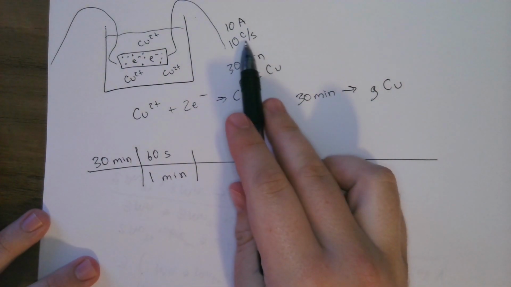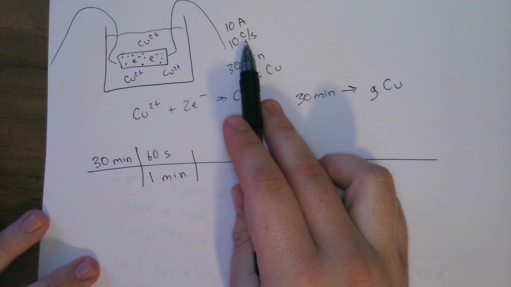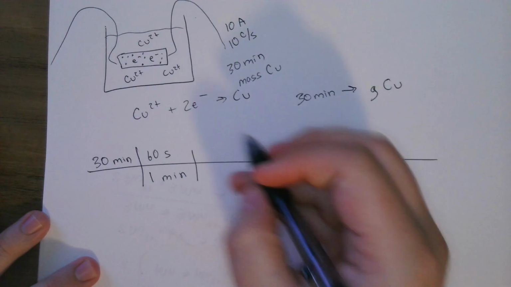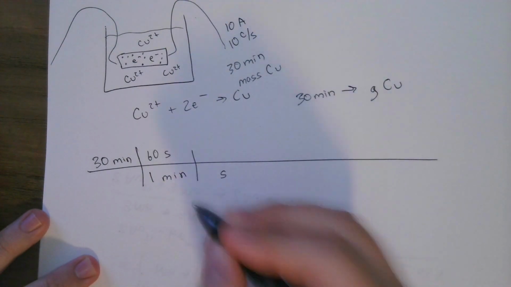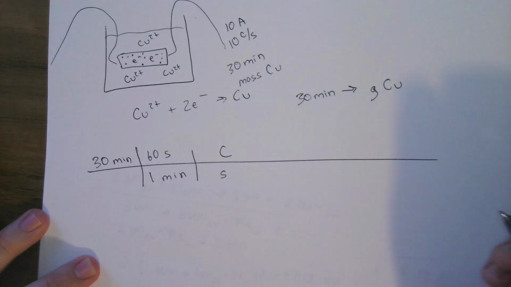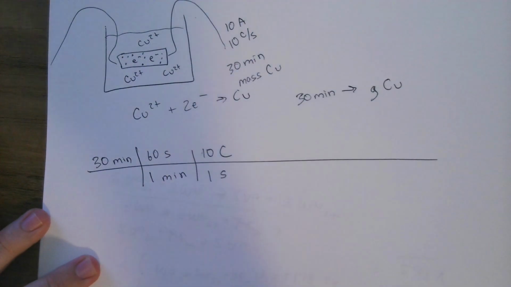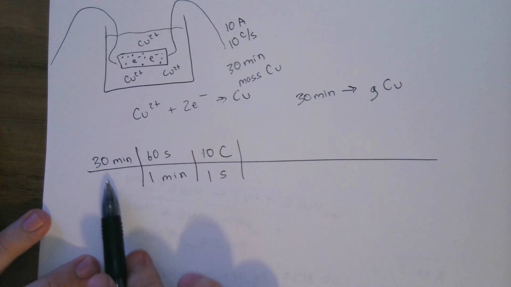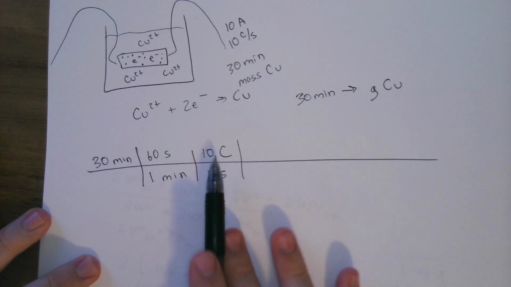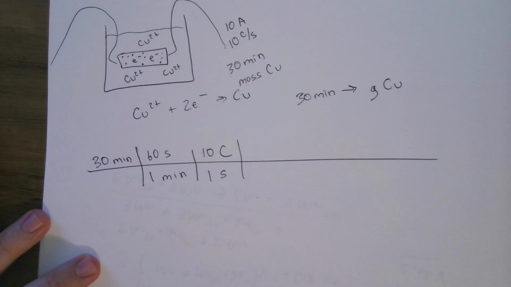I can use that to find exactly how much charge, or coulombs, have passed through my wire. Seconds is on bottom, I'm going to cancel it, and put coulombs on top. So my numbers here, 10 coulombs pass through the wire every 1 second. So that's our first goal here. We're calculating exactly how much charge has passed through that bar over the entire duration of 30 minutes.